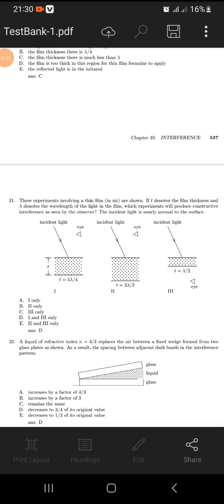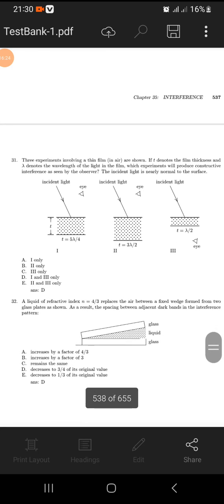Therefore, the answer is 1 and 3 only. 5 lambda over 4, and therefore t is equal to 1 over 2.